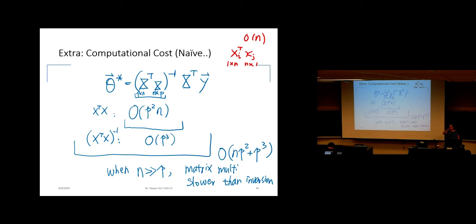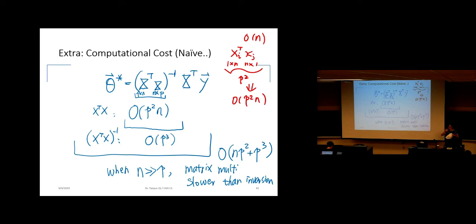You have the first row times all the other columns, which is p operations, and then the second row times all the columns, another p. How many rows do you do these p operations for? Actually p, so it's O(p quadratic), and that's why you get O(n p quadratic).